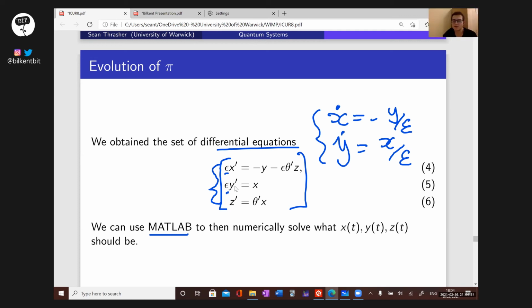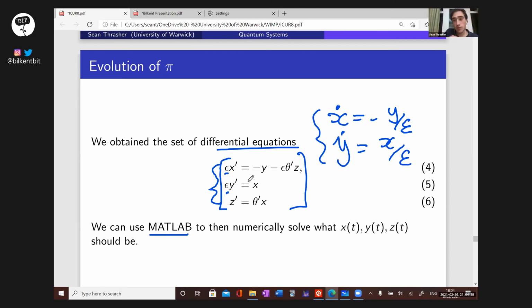Cosine and sine, right? Brilliant. Yes, it's cosine and sine. So this means that x is cosine of something. And what would the frequency be related to in this case? 1 over epsilon. Yes, so the tinier the epsilon is, the more you're wiggling around.